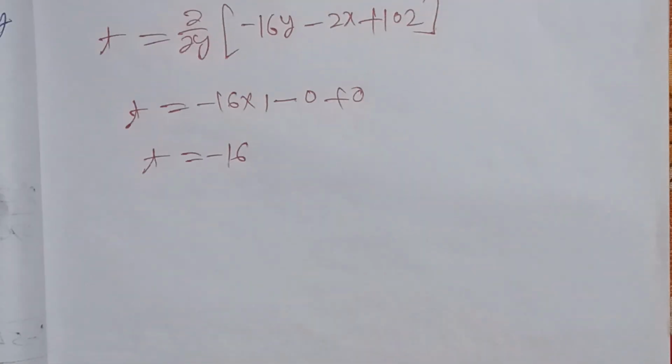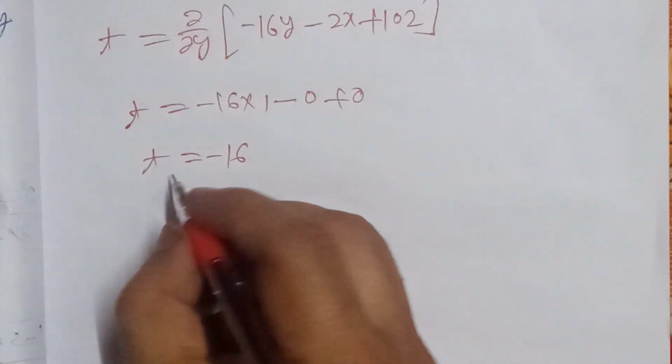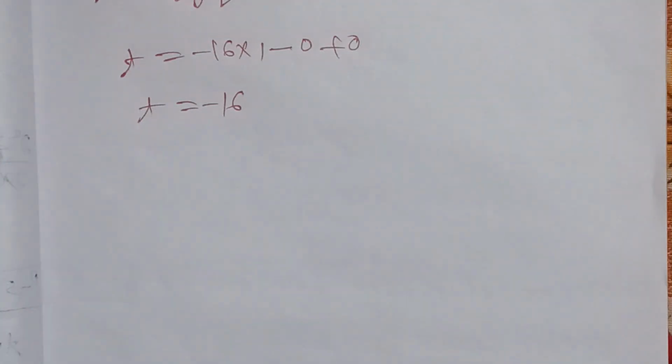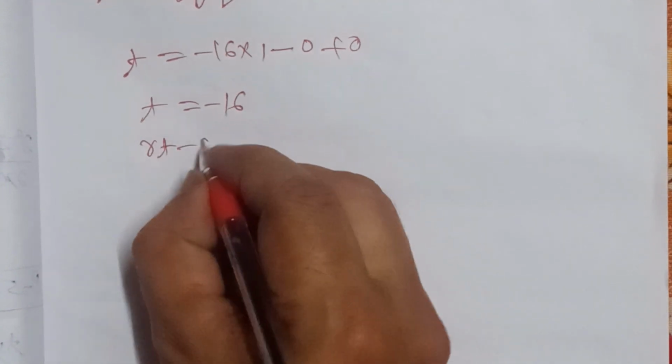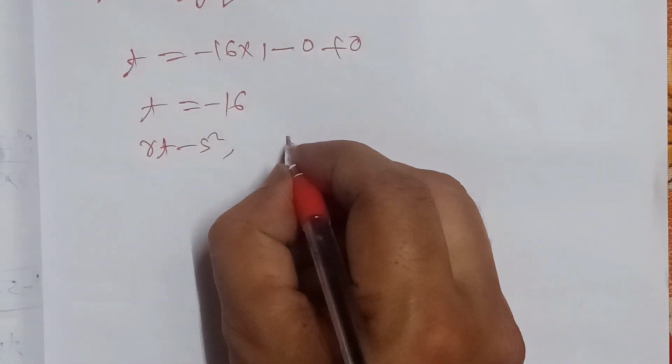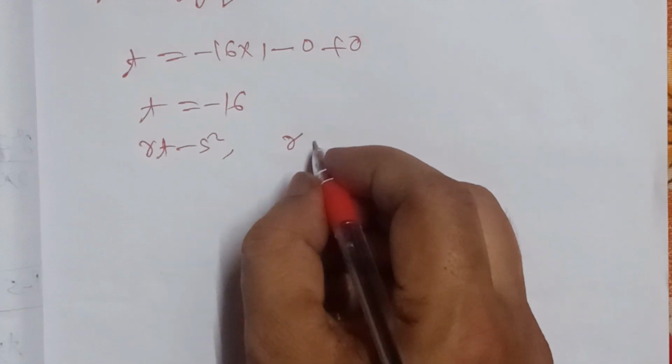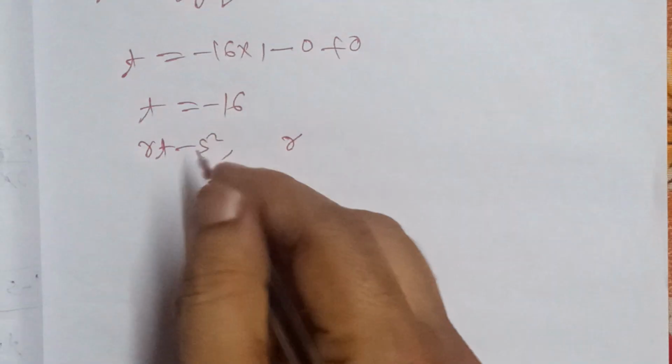So we can say about maxima and minima without finding the value of x and y. But we have to find the value of x, y. We can check rt minus s square and the sign of r, and say whether this function r is maxima or minima.